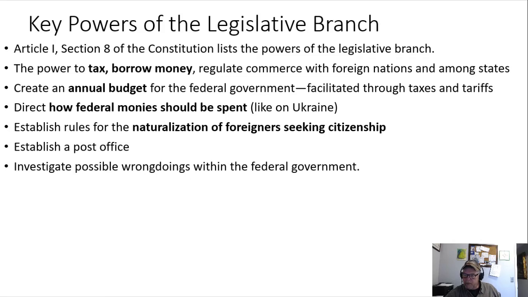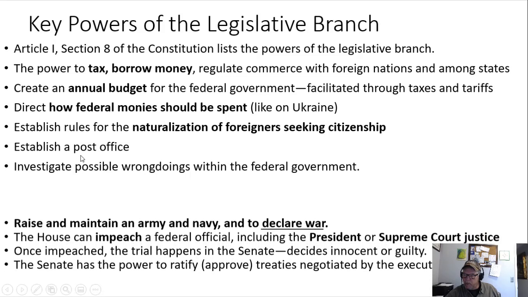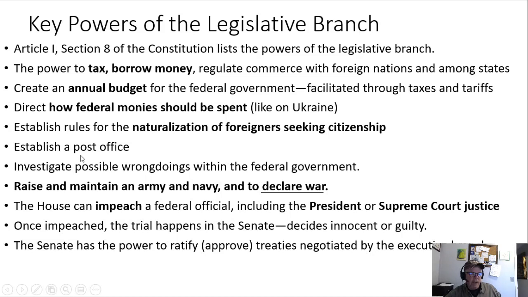Naturalization, how to become a citizen, post office, wrongdoings, Army and Navy, they're in control. And now, of course, Air Force, which we didn't have back then, and the power to declare war. And the House, we've been through this a lot, but it's a current event. The House does the investigation and comes up with impeachment charges. Those are sent to the Senate, and the Senate is the trial portion of it, right?